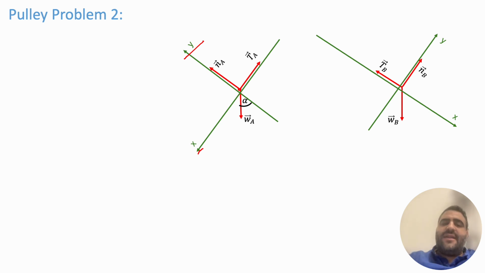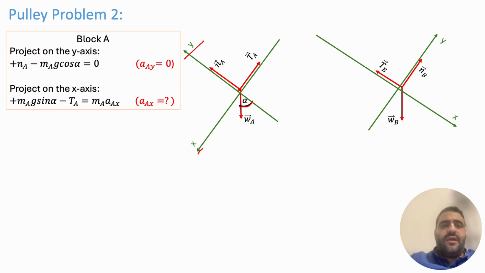Since WA is vertical and the y-axis is perpendicular to the incline, then the angle that the incline makes with the horizontal is the same as the angle that WA makes with the y-axis. So the angle that WA makes with the negative y-axis here is alpha. So now I can do the projections.